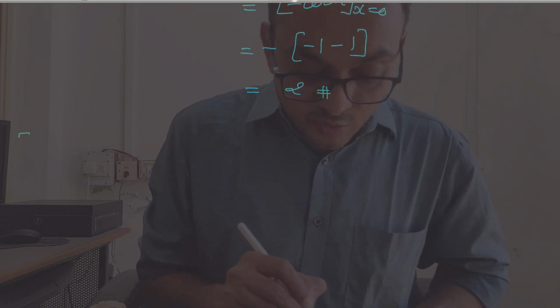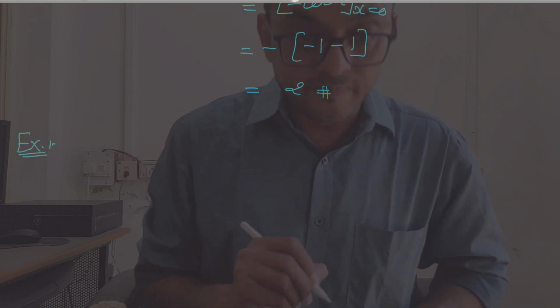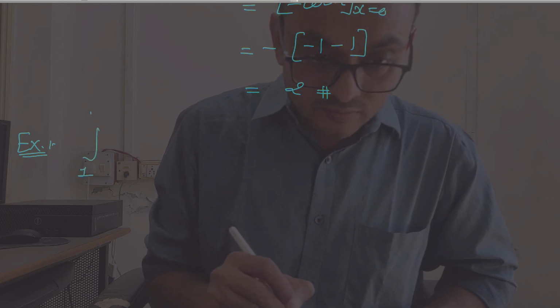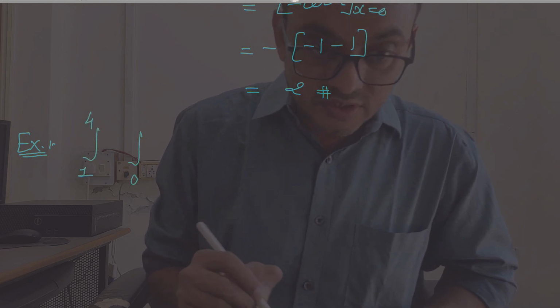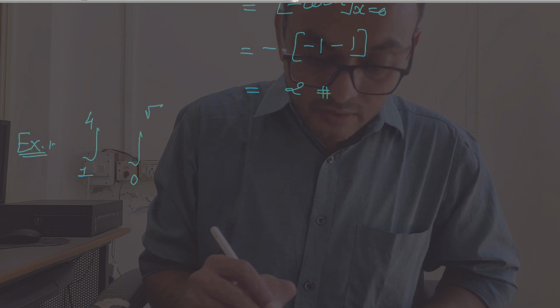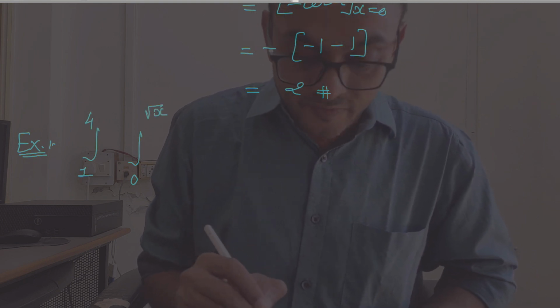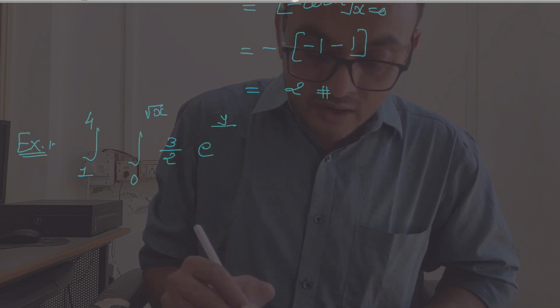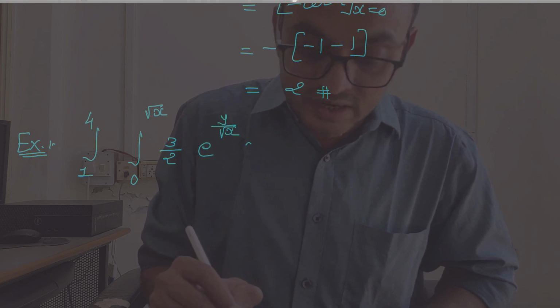Now I am writing 2 more examples here. Integration over 1 to 4, 0 to root x, (3 upon 2) e raised to (y upon root x), dy dx.